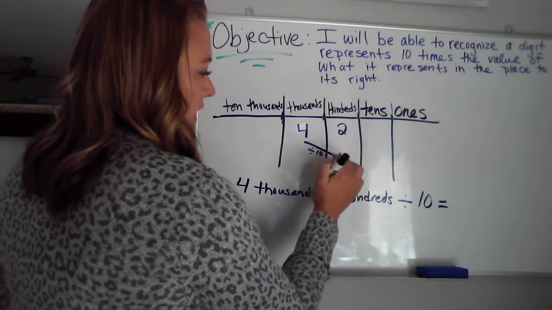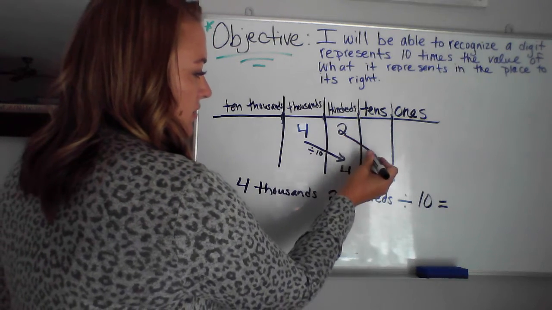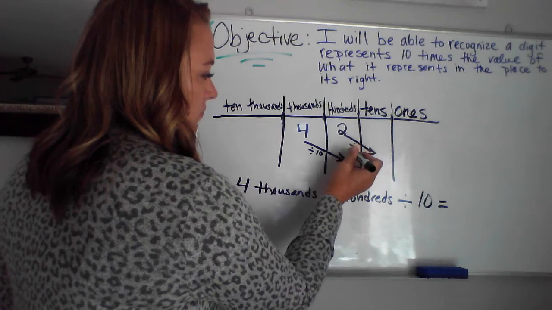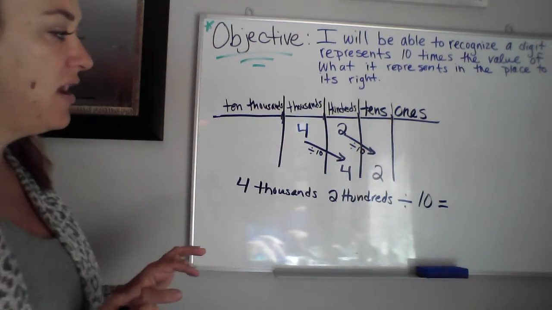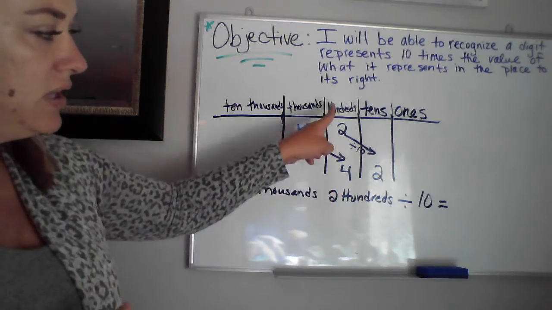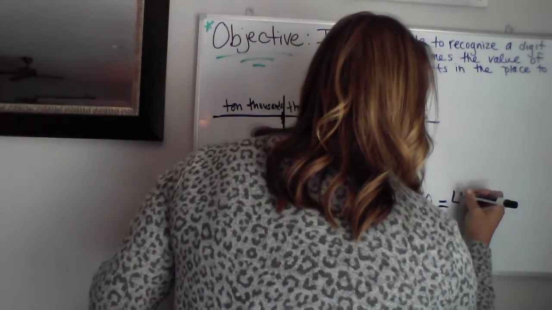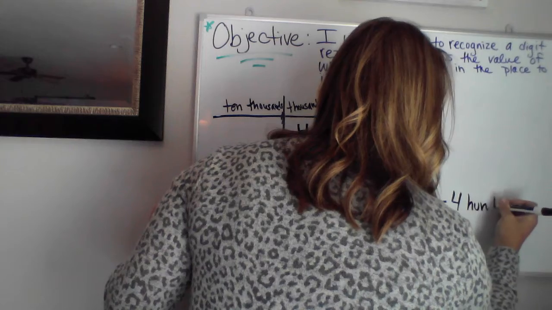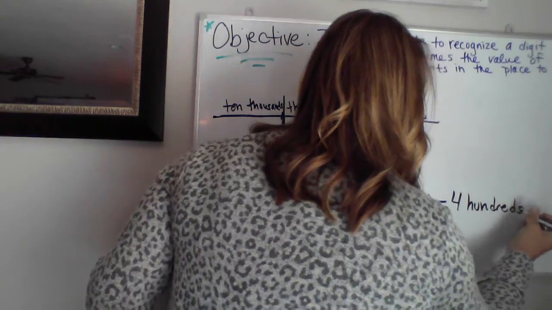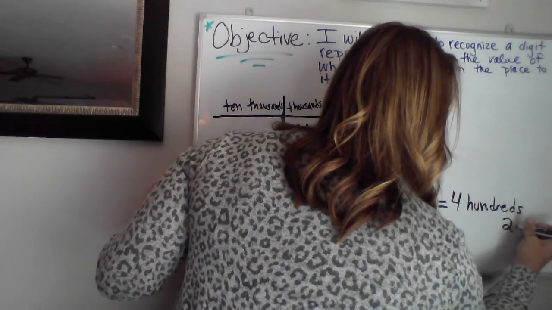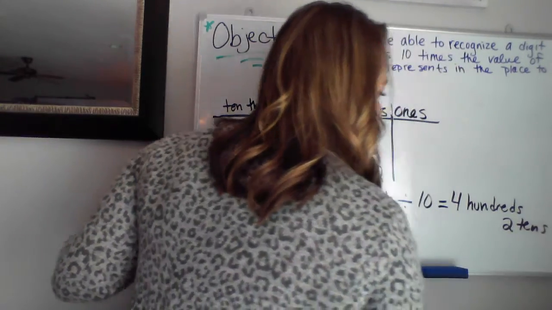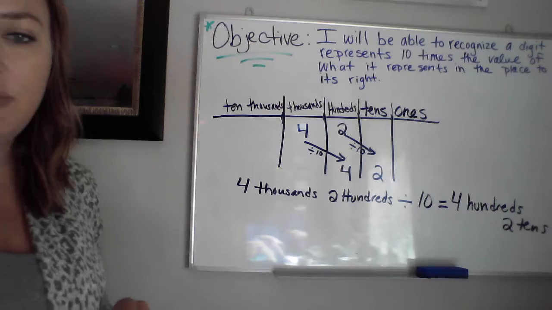I have to do that to both digits, so my 2 is going to move over as well. So now I have 400s and 2 10s. I'm going to write it below. I'm running out of room. Okay, 400s and 2 10s.